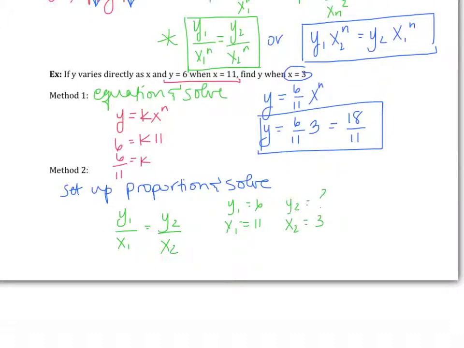In this case we've already eliminated k from the equation, so we don't have to look for k. We can just plug numbers into our proportion. So 6 over 11 equals y over 3. We can cross multiply, which gives us 11y equals 18. Divide both sides by 11, and we have y equals 18 over 11. Same answer, just different methods. I don't have a preference which one you use. That is entirely up to you, whatever you are more comfortable with.